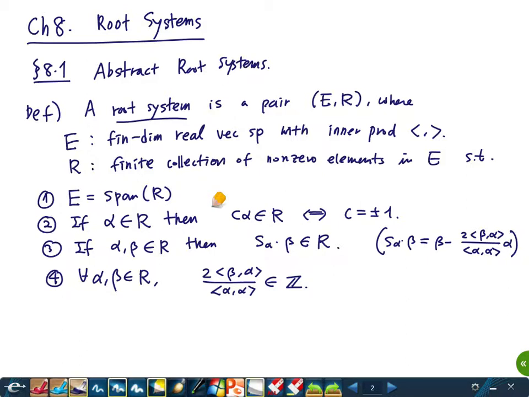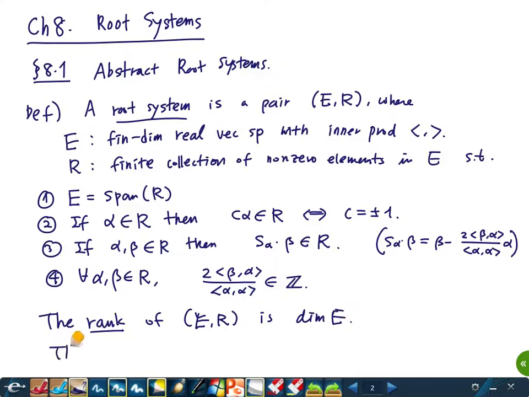So very simple, just four axioms, but there are many, many interesting properties of root systems. We will see them. And we say that the rank of the root system (E, R) is defined to be the dimension of the vector space E, the real dimension of the real vector space, of course.